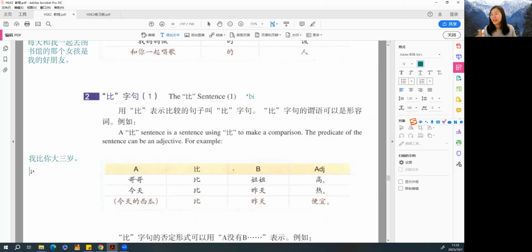So if we want to say McDonald's is more delicious than KFC, this will be 麦当劳 McDonald's 比肯德基 that's KFC. All right, KFC in Chinese.